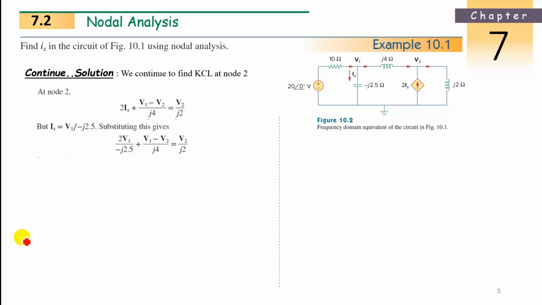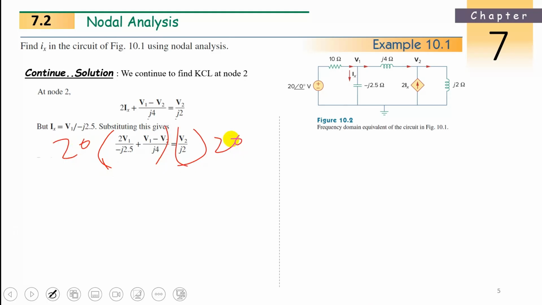What I can do here is multiply both sides with 20 to make it easy. Then what happens here is 40 divided by minus j2.5 v1.